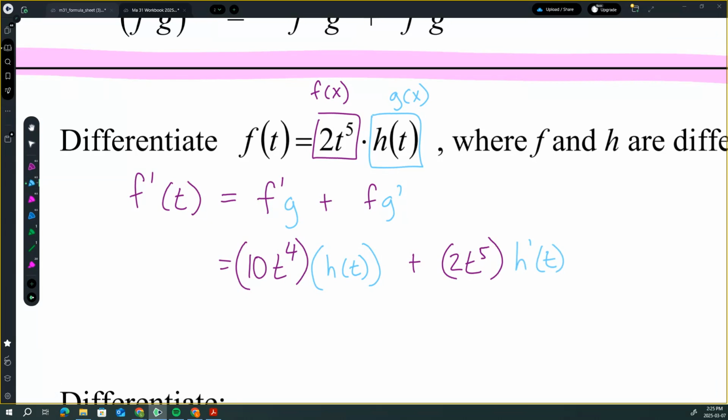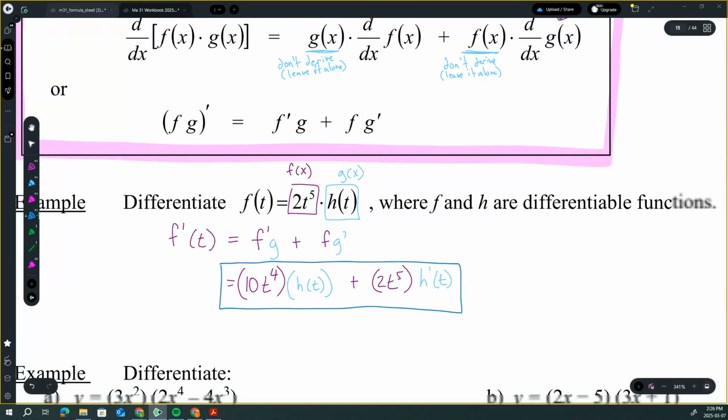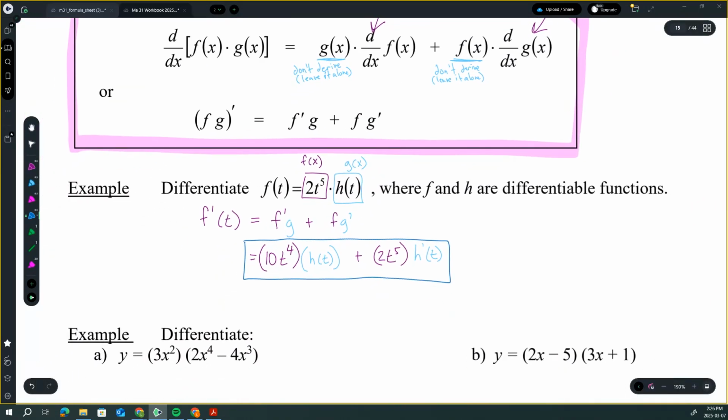Normally what we would do next is we would combine or simplify where possible, but this is as simple as it gets for this case. So at this point, we are done with that one.